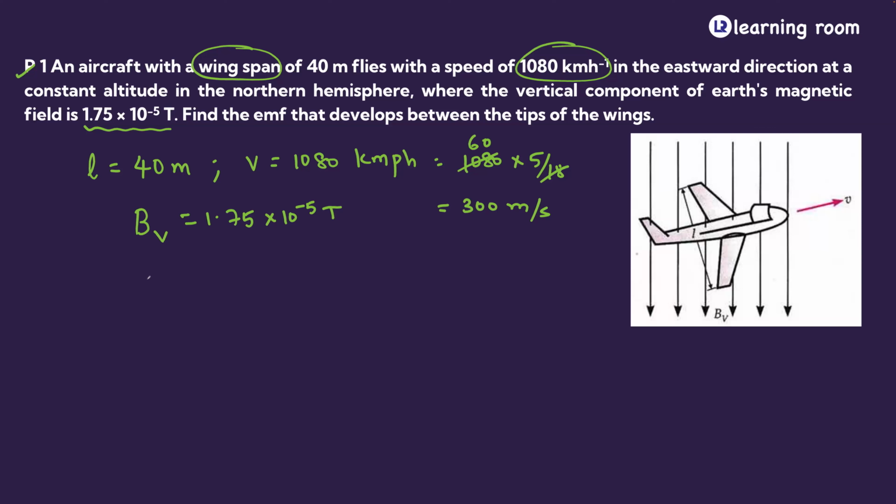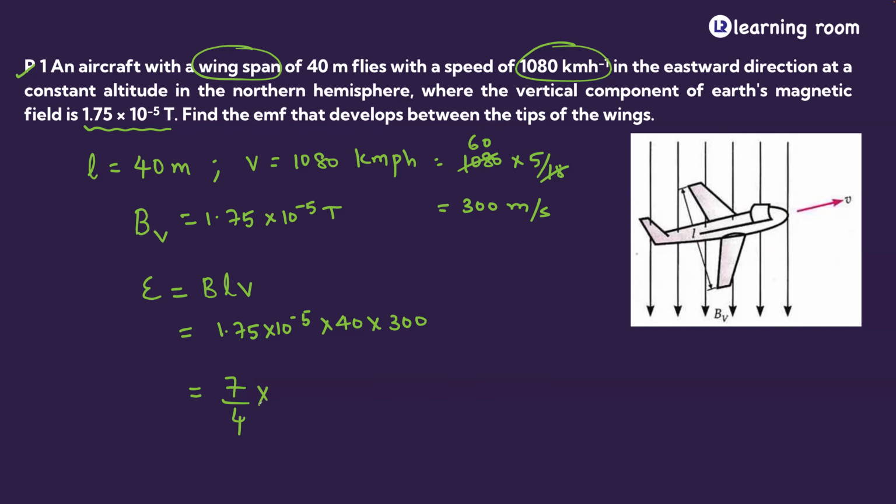So we know that the formula for EMF is going to be B into L into V. The value of B here is 1.75 into 10 power minus 5, into length which is 40, into the speed which is 300. So 1.75 can be written as 7 by 4.